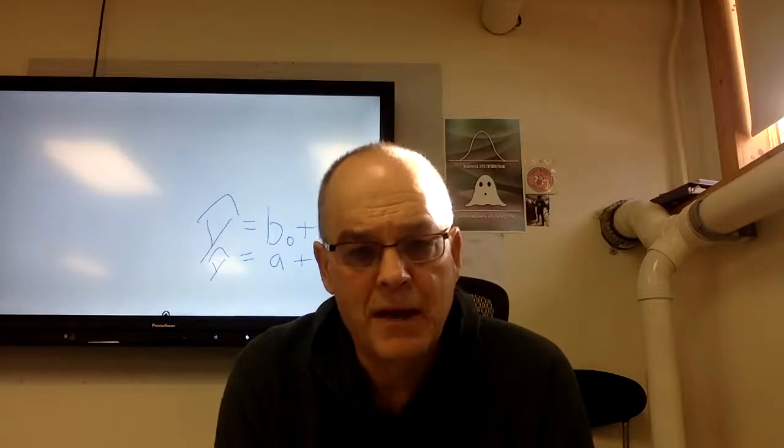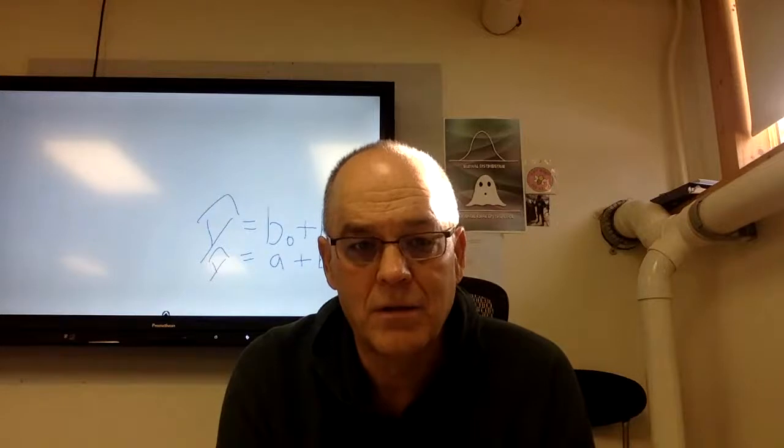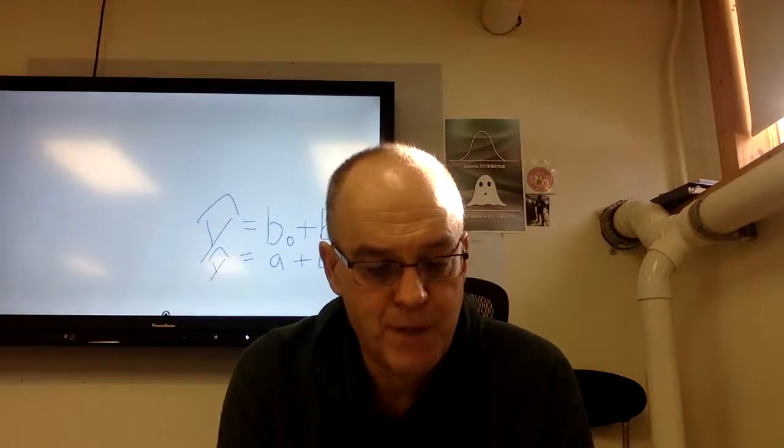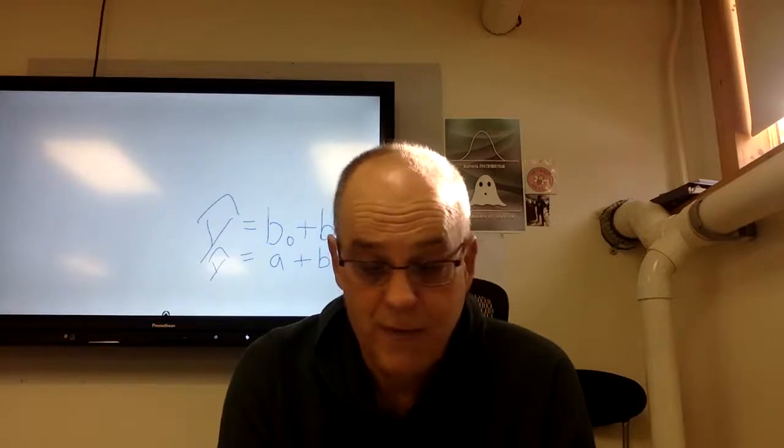But remember that conversion, R to R squared, is just basic algebra, so that should be no problem. So that is 1, 2, 3, 4, 5. That was 6. Point 7.